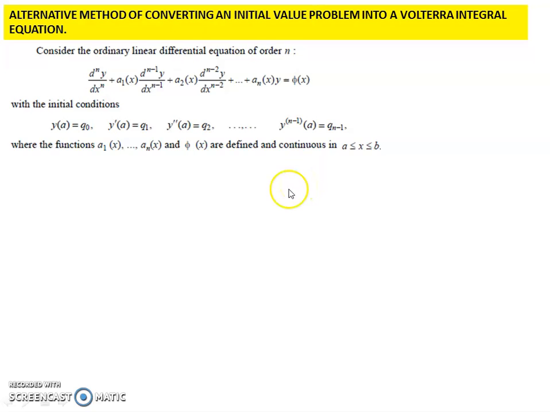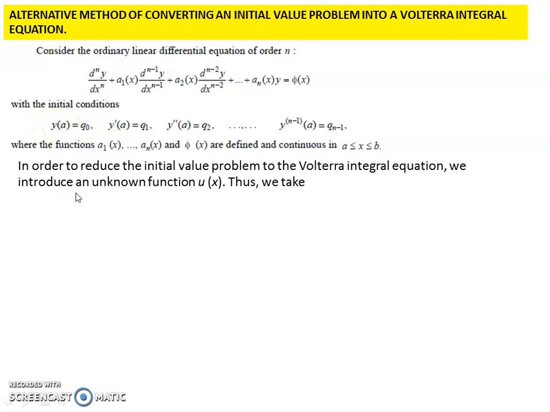With the initial conditions that y(a) is equal to q0, y dash (a) is equal to q1, y double dash (a) is equal to q2 and so on, y^(n-1)(a) is equal to q(n-1), where the functions a1(x), a2(x) and so on, an(x) and phi(x) are defined and continuous in the interval a less than or equal to x less than or equal to b. So here it is an initial value problem and the initial point is a. So students must be careful.